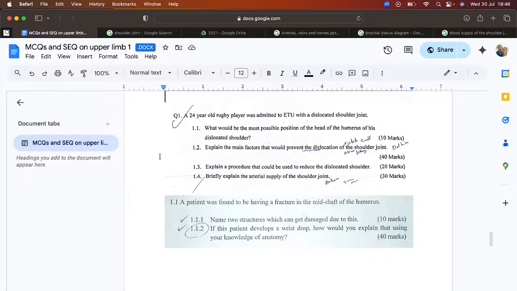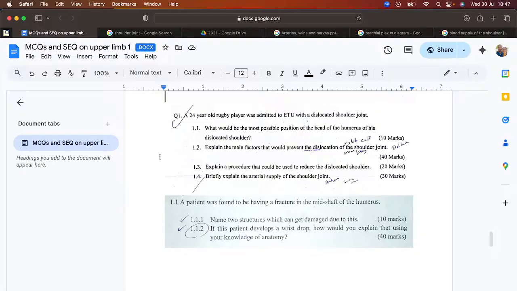Okay, so no one answered that question, but usually the anterior inferior dislocation is the most common. So here I would say anterior inferior dislocation is the most common type of dislocation. If you think about the general anatomy of the shoulder joint, anteriorly we have the glenohumeral ligaments. Like we said earlier, we have 3 bands: superior, middle, inferior.